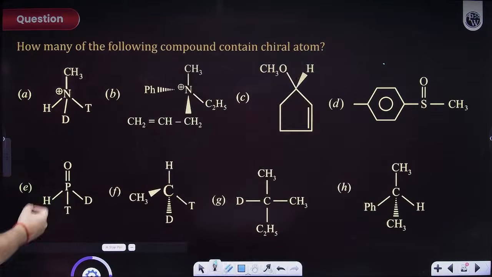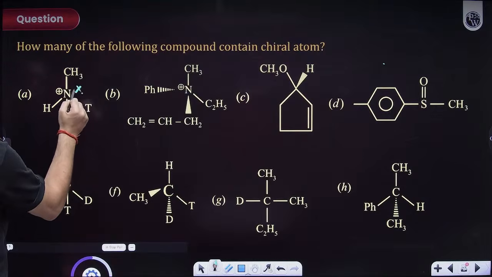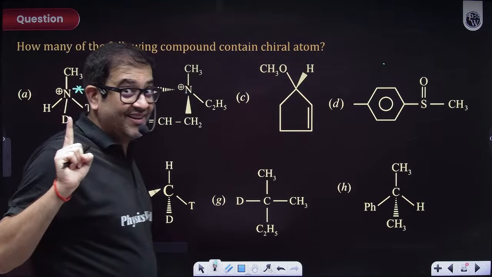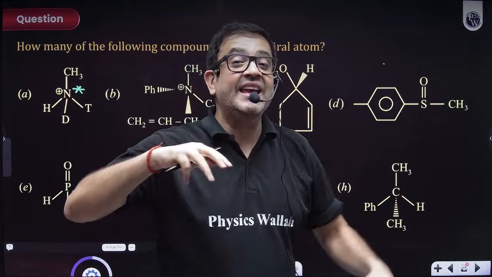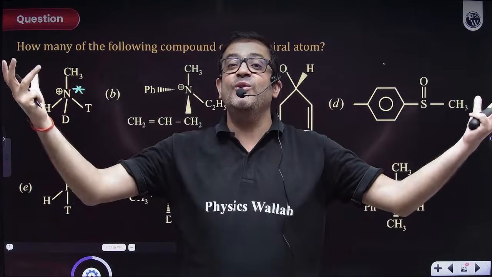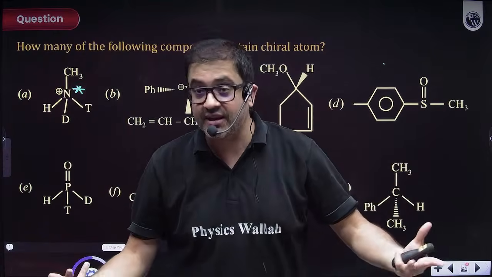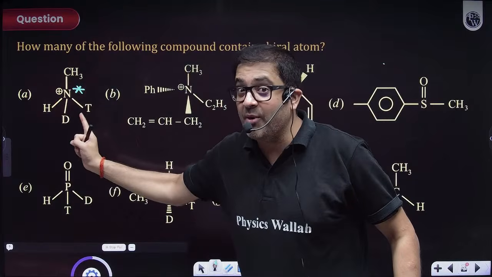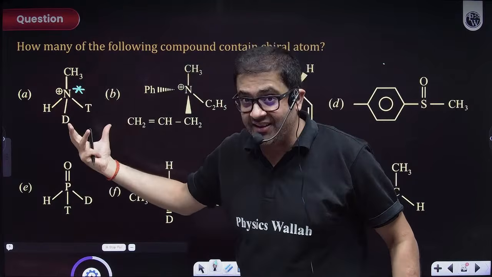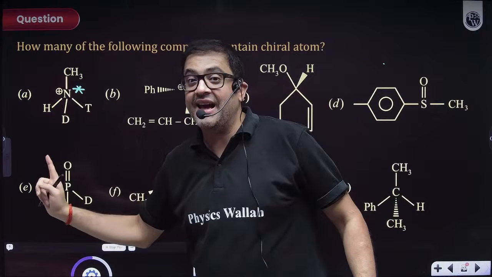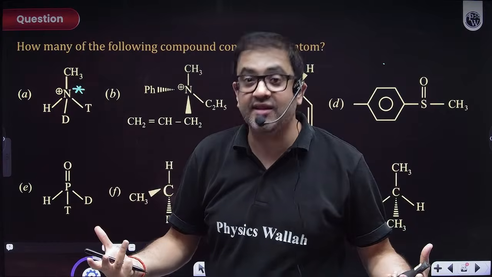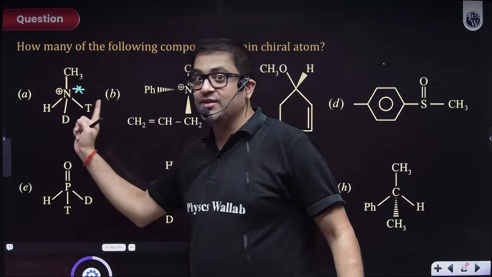So sir, nitrogen, yes, definitely, because the nitrogen lone pair makes the interconversion, because the lone pair flips and interconverts itself. I am not talking about the ammonium cation. This is an ammonium cation. The lone pair makes the switch, sir, not otherwise. So this is obviously chiral.